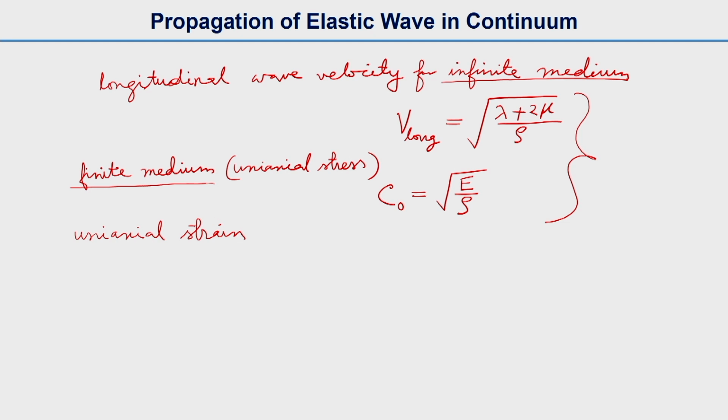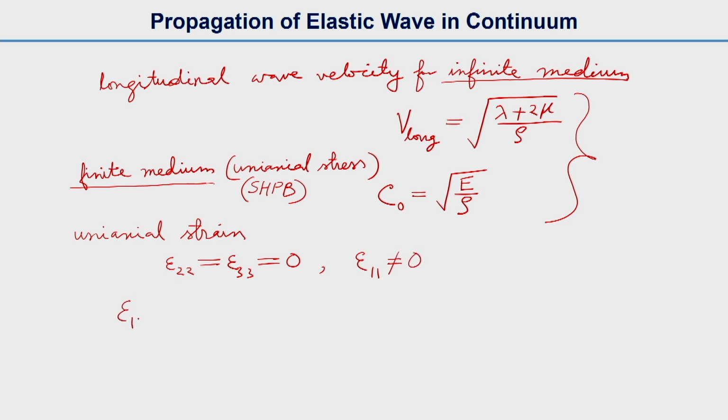Earlier in the finite media, let us say for the split Hopkinson pressure bar, we considered uniaxial stress, but now we are considering uniaxial strain, which means epsilon 22 equals epsilon 33 equals 0, and only epsilon 11, the strain in the one direction, is not equal to 0.